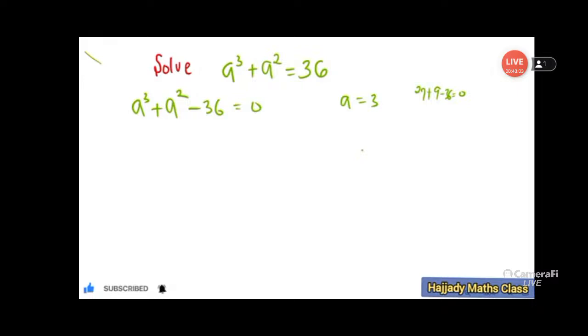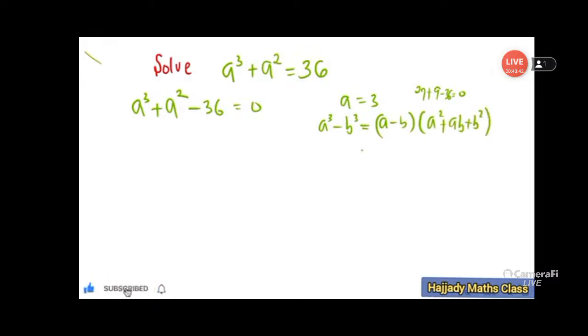So in solving this, we can use the polynomial approach. But instead of using the polynomial approach, I prefer to use the factorization method. From here, we know that when we have a raised to power 3 minus b raised to power 3, this can be factorized in the form of a minus b, into bracket a square plus ab plus b square.